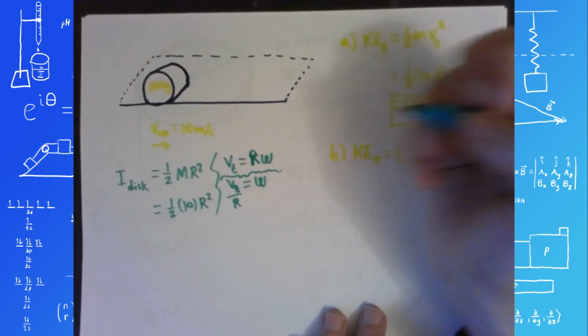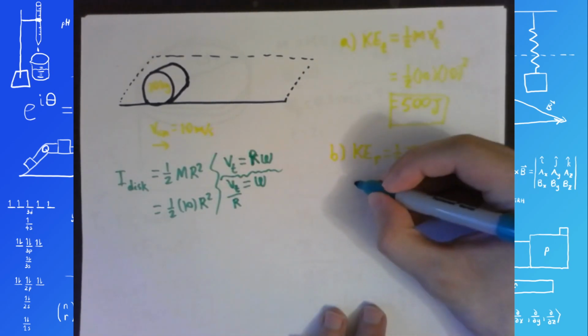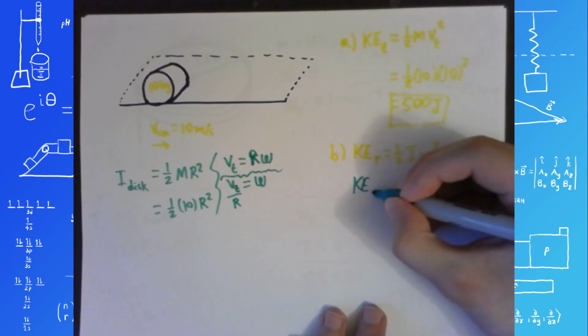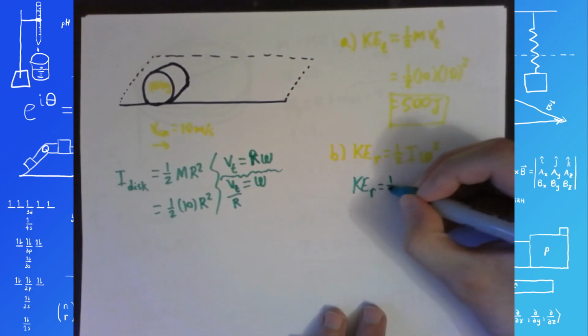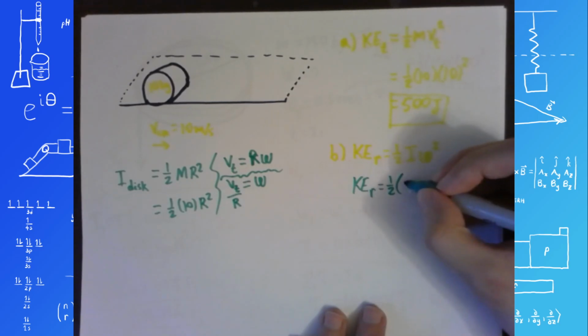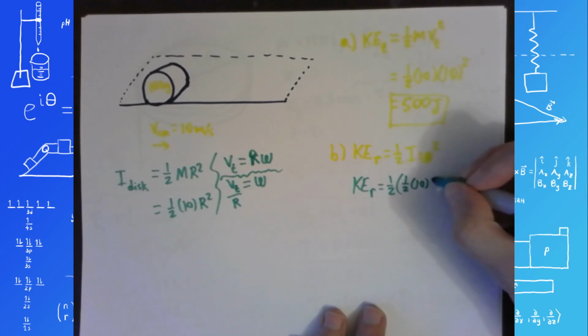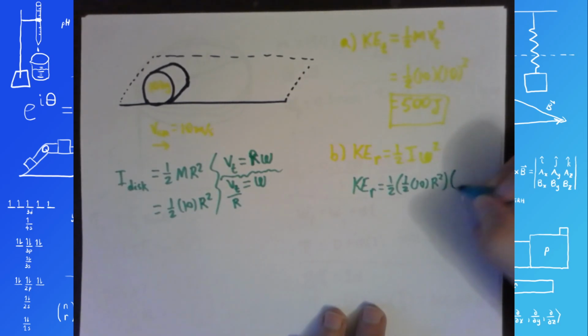So kinetic energy rotational equals 1/2 times 1/2 times 10 times r squared times omega squared, which is v tangential over r, squared, which just means v tangential squared over r squared.